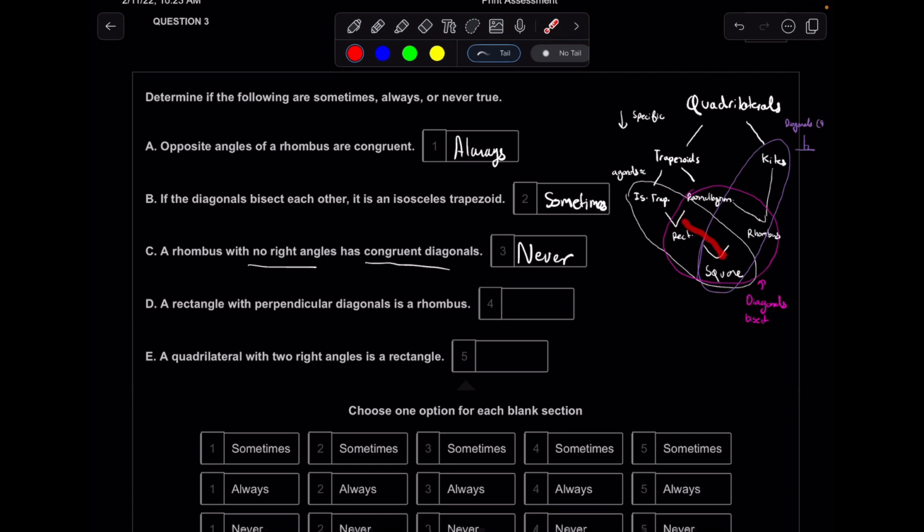Because rectangle is a square and it could go to rhombus, so we could see that as sometimes. Sorry. A rectangle with perpendicular diagonals would actually be a square, and a square is always a rhombus, so this will be always.